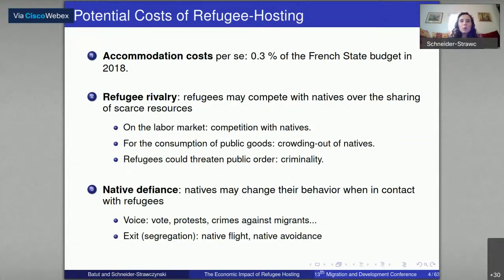And finally, you can also have costs from what we will call native defiance, the fact that natives change their behavior when they come into contact with refugees. For instance, if opening a refugee center can entail segregation patterns, this could also have some economic cost.